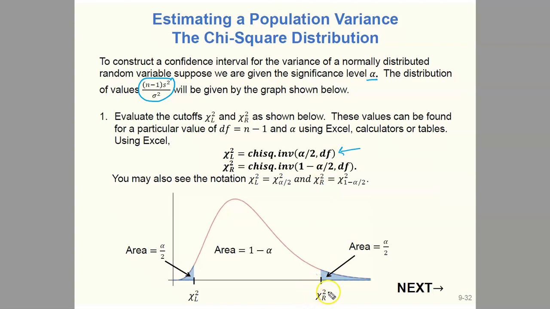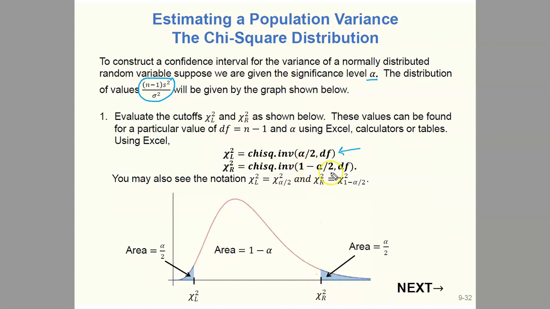Now to evaluate the right-hand cutoff, you would type into Excel CHISQ.INV, parenthesis 1 minus alpha over 2, comma, your degrees of freedom, which is n minus 1, close off the parenthesis. That will give you this number right here.